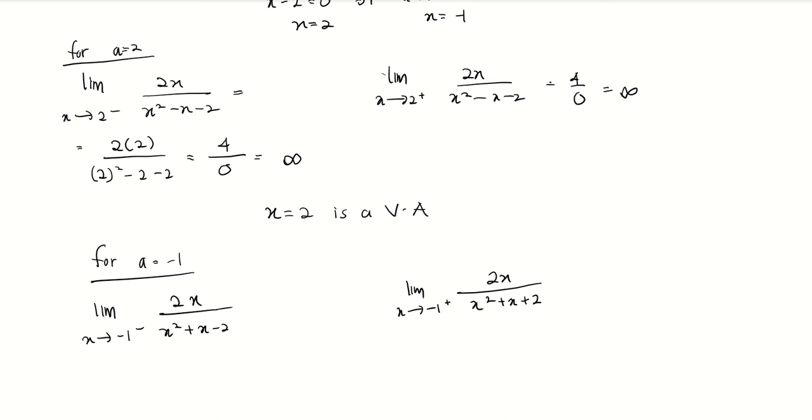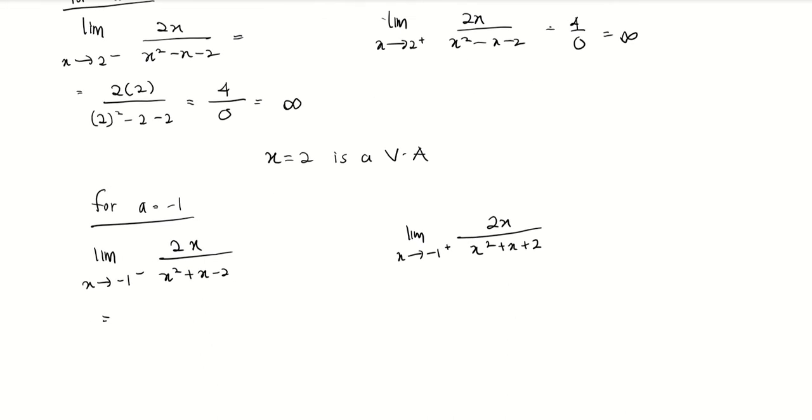If we substitute the value negative 1 directly, we get 2 times negative 1 over negative 1 squared minus negative 1 minus 2. Sorry, not plus, this is minus x. Also the same here, minus x.